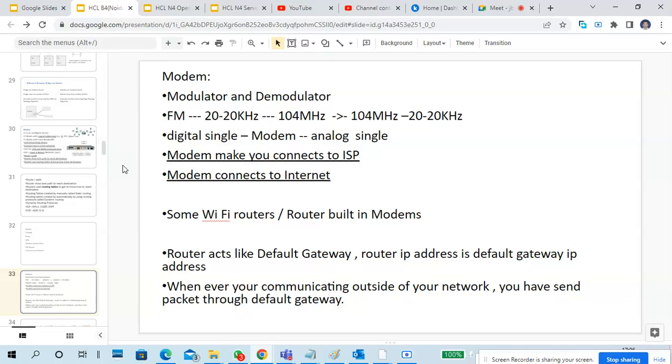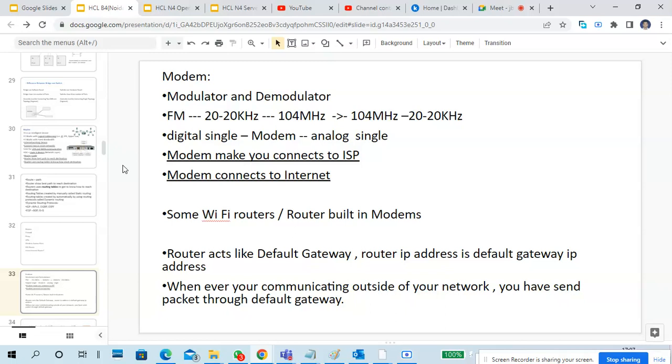For example, a 104 megahertz signal, channel number 104, 93.8, 98.1, 95 point something. Radio Mirchi, 104 Fever, Red FM, these channels are there.